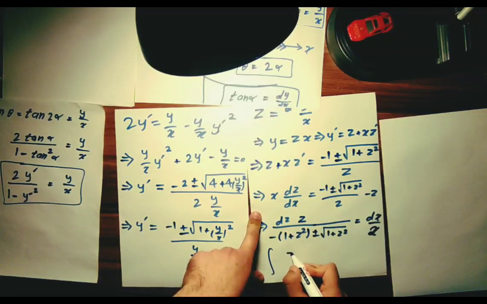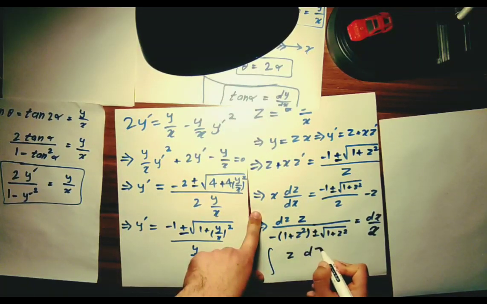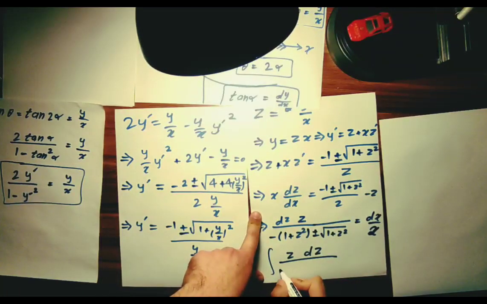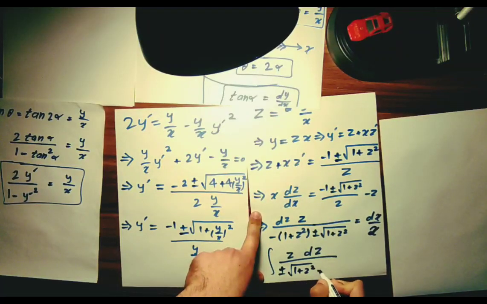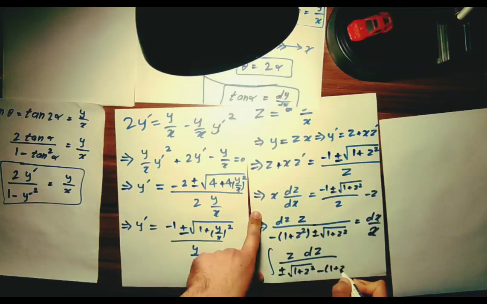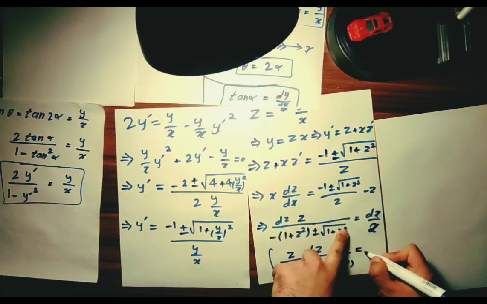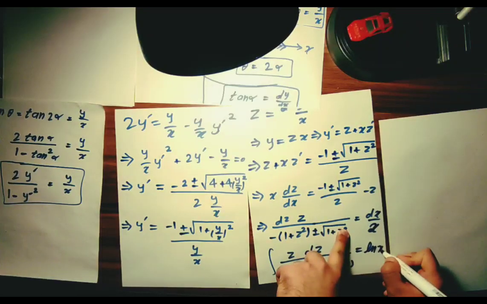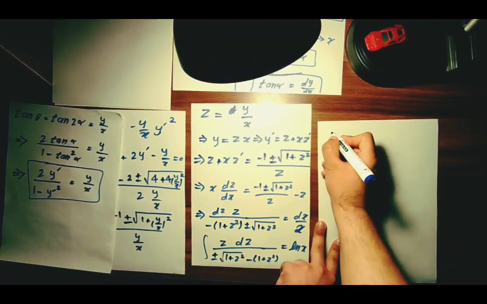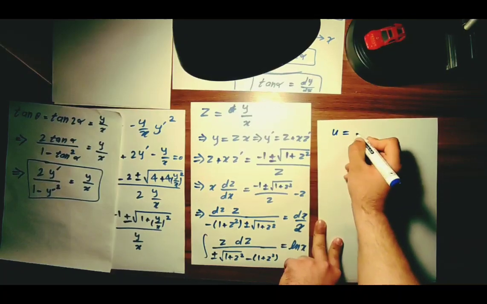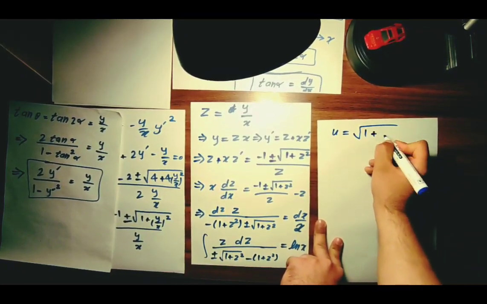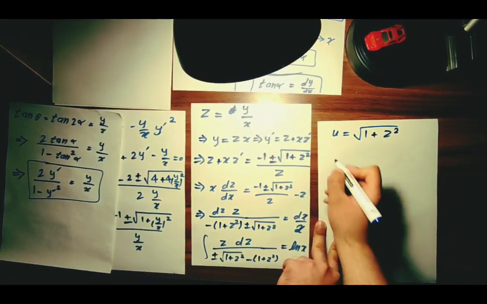So integral of z dz divided by plus minus radical 1 plus z squared minus 1 plus z squared is equal to, integral of this is simple, it is ln of x. Let's name u radical 1 plus z squared.